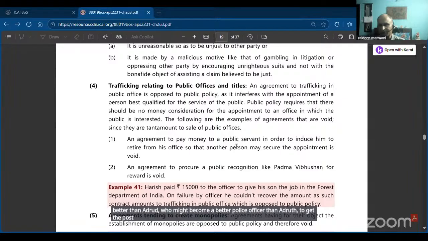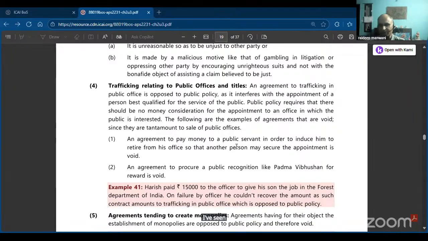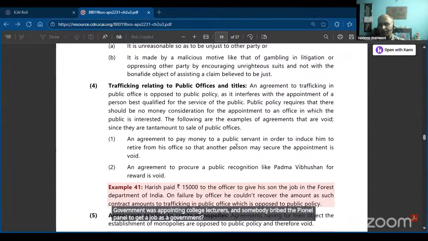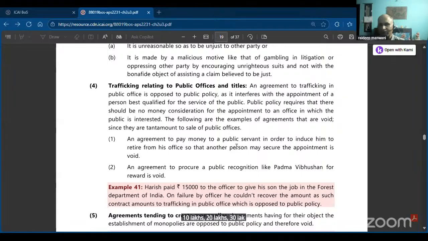And you're serving the public here. I've seen this happen in the government colleges in Karnataka, where the government was appointing college lecturers and somebody grabbed the panel to get a government job, for 10 lakhs, 20 lakhs, 30 lakhs. Now, why is it bad?